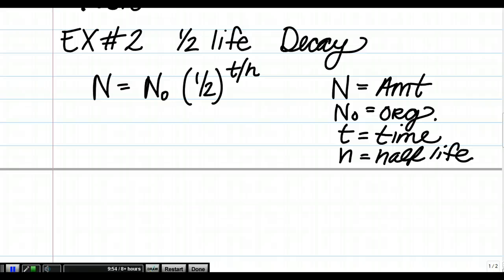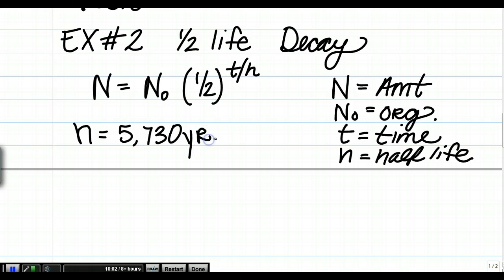So that's literally your H, because it said what your half-life is. So how much of a 10 milligram sample will remain? 10 milligrams is your original, because that's how much you're starting with. This is an H, this is going to be an N naught. It will remain after 4,500 years.